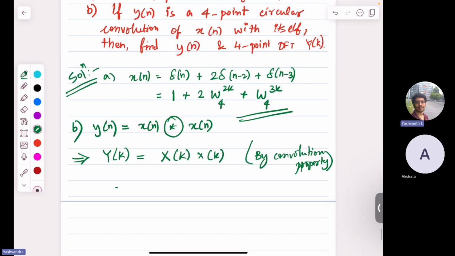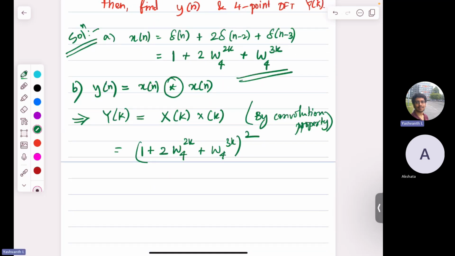Okay, that means it's nothing but 1 plus 2 W4^(2k) plus W4^(3k), the whole square. You can just work it out. You can show that this will come out to be 5 plus 4 W4^k plus 5 W4^(2k) plus 2 W4^(3k).